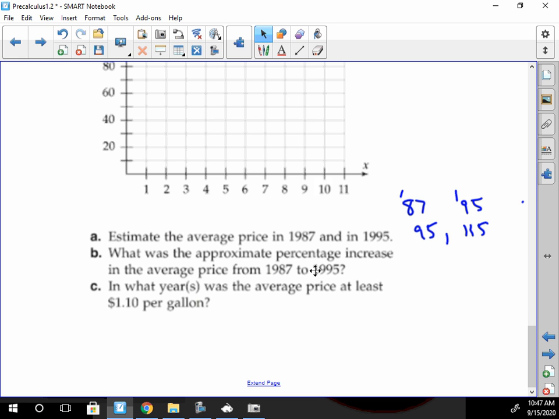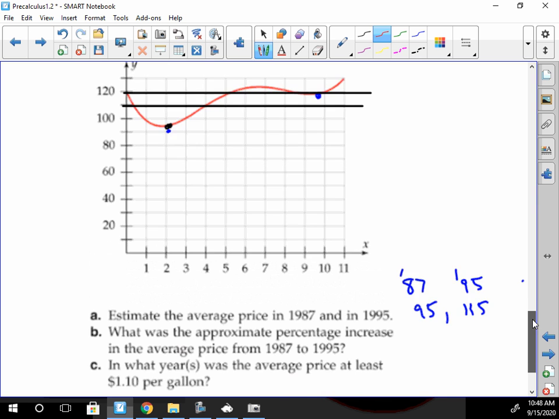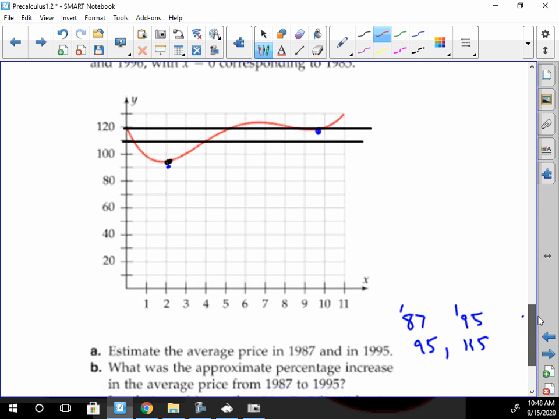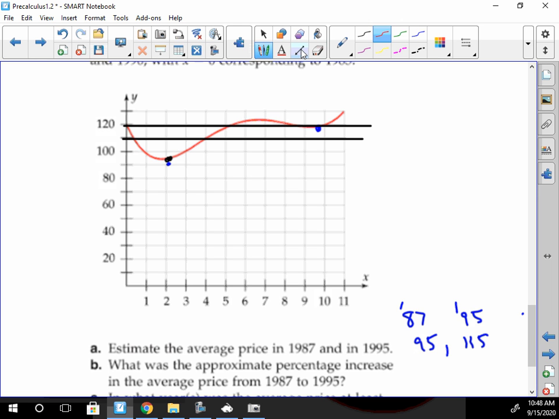What was the approximate percentage increase in the average price from 87 to 95? So in order to define the percentage increase, we do the price in 95, which was like 115. It may have actually been 120. Let's see.